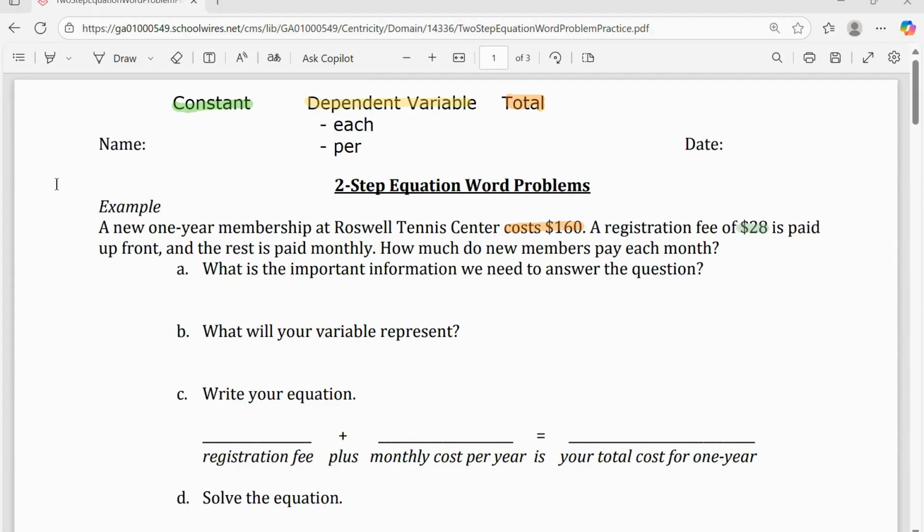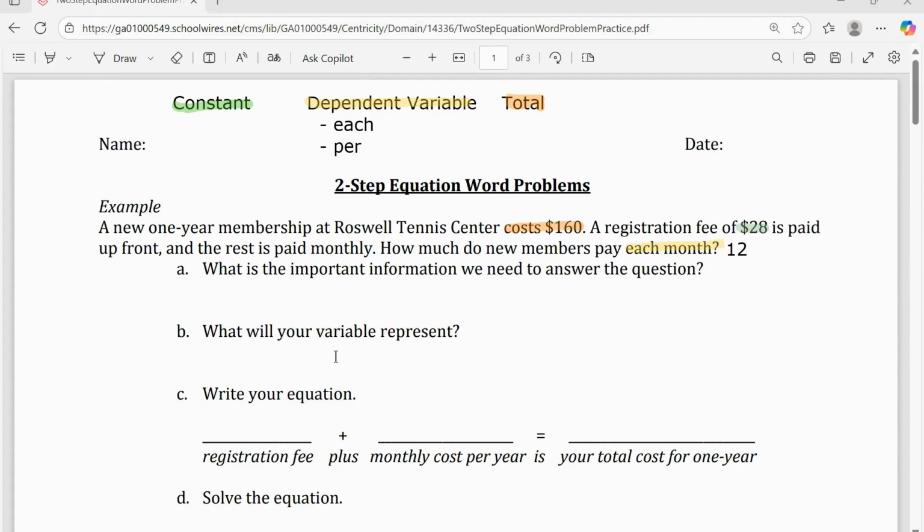So for this one, when it says pay each month, that is going to be our dependent variable. Now they didn't give us a number, but if we use some context clues, at the beginning it says a new one year. If we're dealing with one year and we're paying each month, how many months are there in a year? It would be 12. So our dependent variable would be 12.